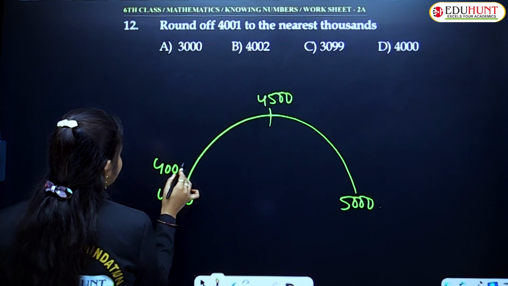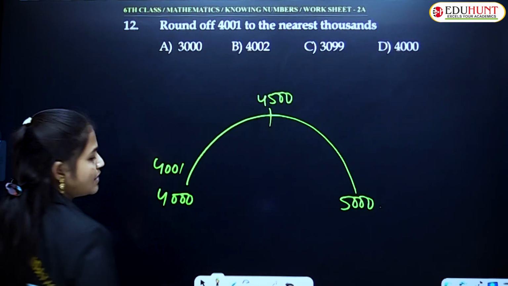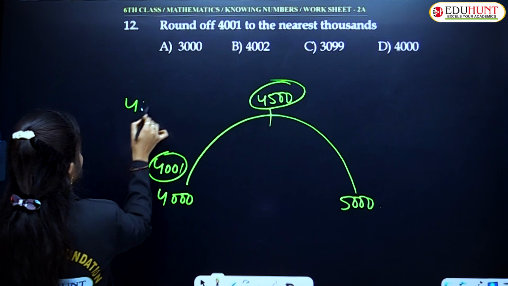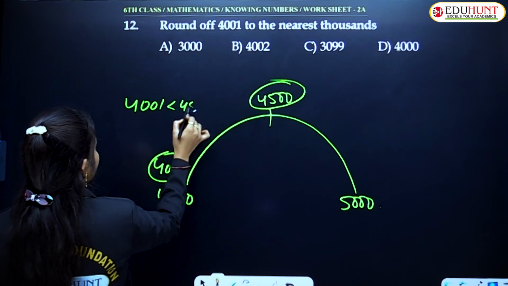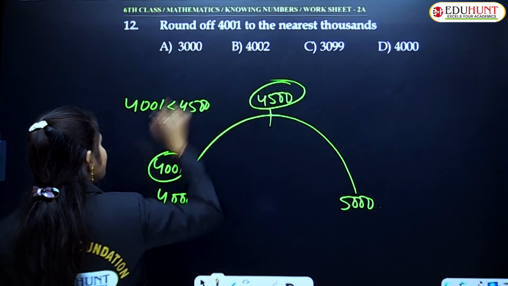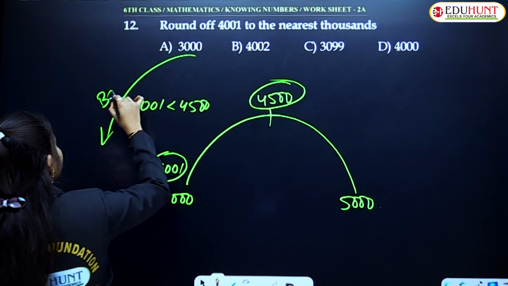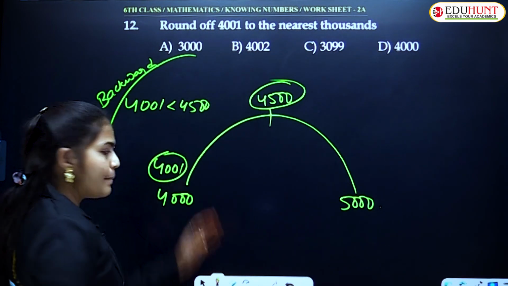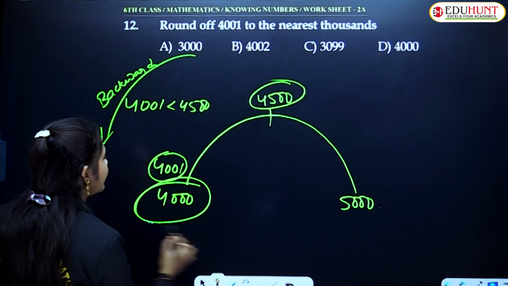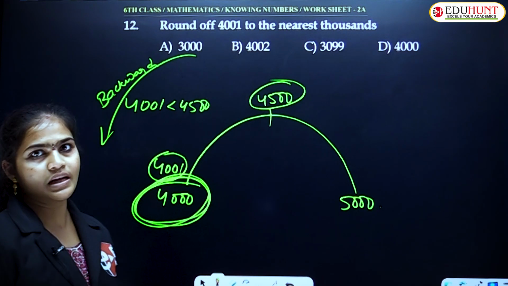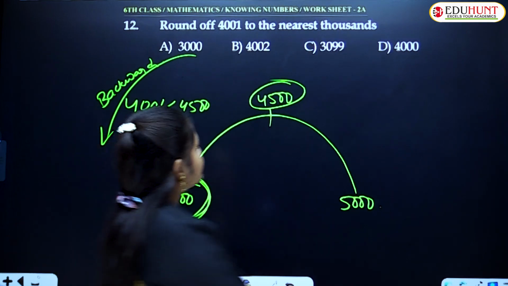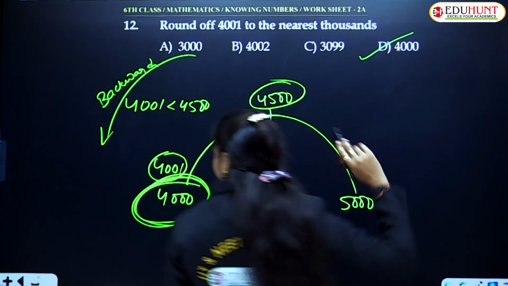As per this, 4,001 is less than 4,500. Less than means which direction do you have to move? Backward direction only, no? Backward direction means that number is nearer to which value here? 4,000. Understood, ma'am? Then what is the answer here? Option D is correct, that is 4,000.